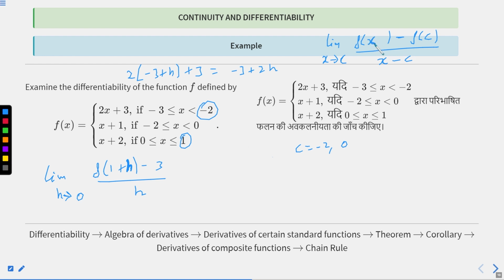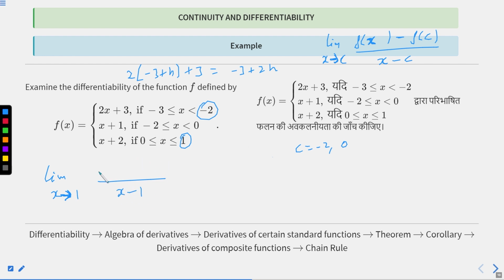This means that we are approaching c. So I'll be using this definition, which means we are approaching x towards 1.